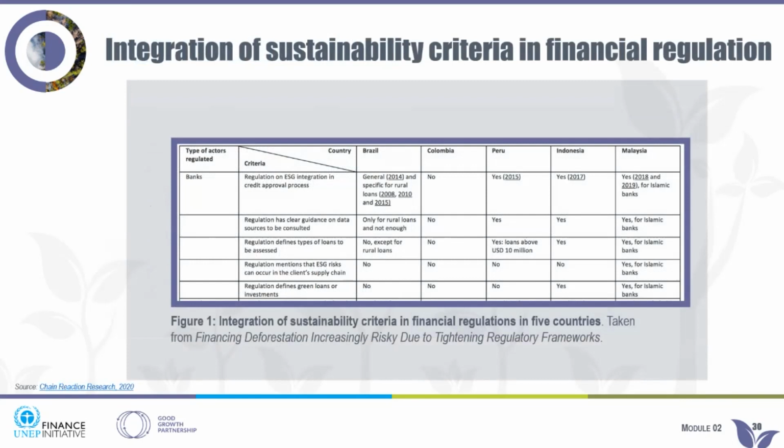As we've discussed in Module 1, regulation is becoming an increasing reality in many jurisdictions. In Paraguay, for example, a country facing one of the highest rates of deforestation globally, the Central Bank of Paraguay adopted Resolution 8 in 2020, which makes ESG integration compulsory for banks they supervise.